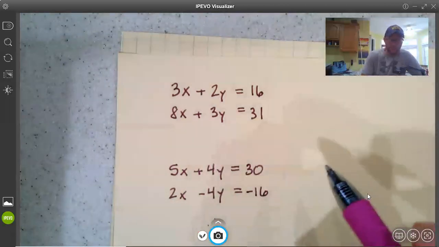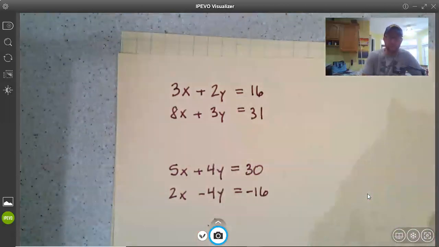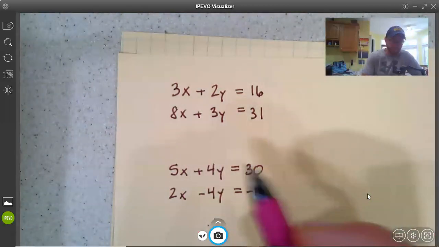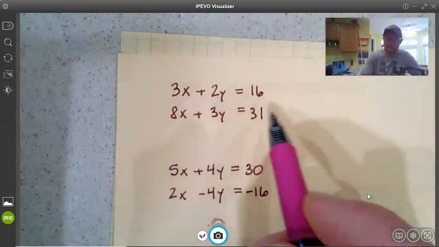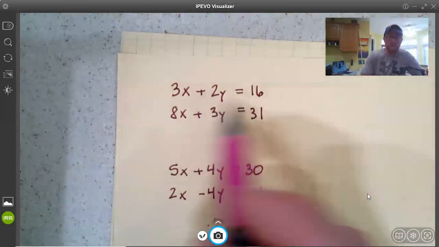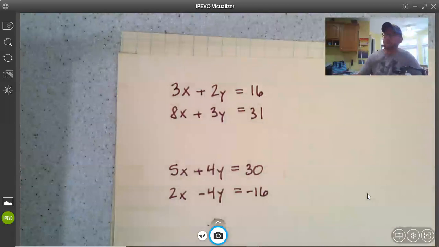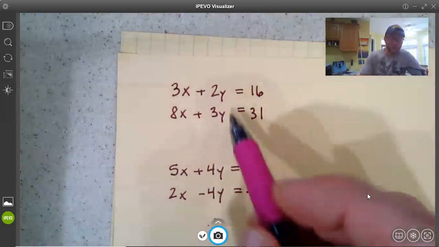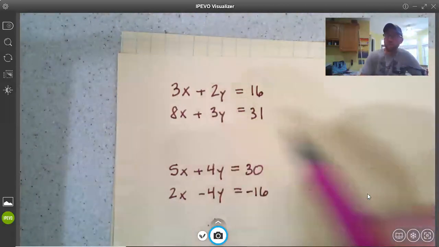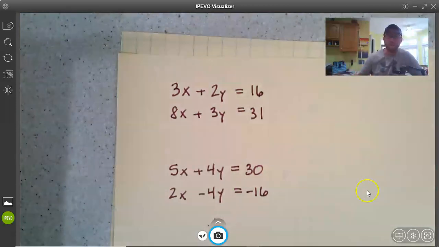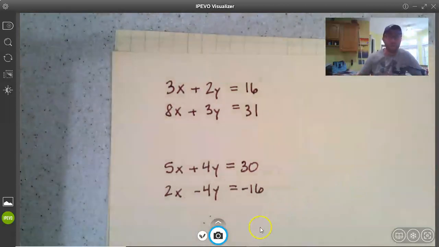One of the methods for solving a system of equations is called elimination. In elimination, I will scale up or down one or both of these in order to get matching coefficients that I can subtract and eliminate one of the variables.